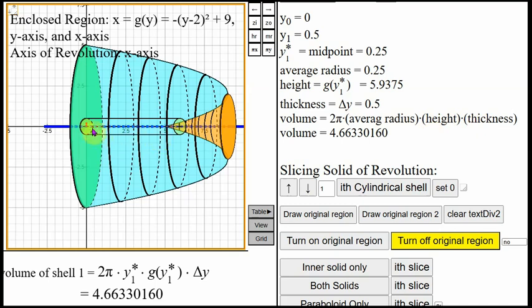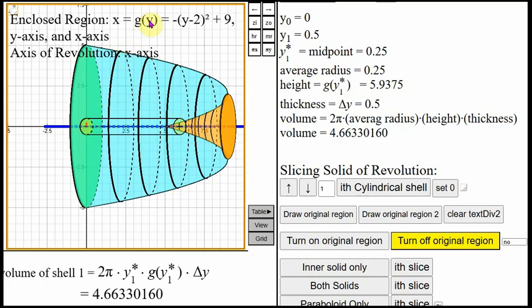And so the thickness of the shell is just 0.5. And then the height is going to be the distance from the y-axis to this point right here on the graph. So we can use the midpoint, which is 0.25.